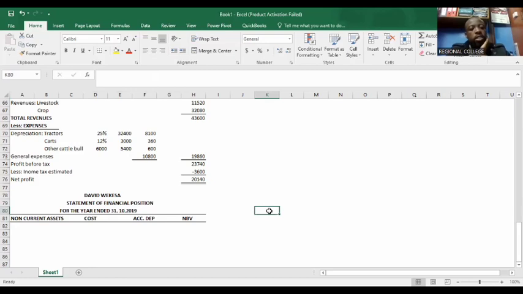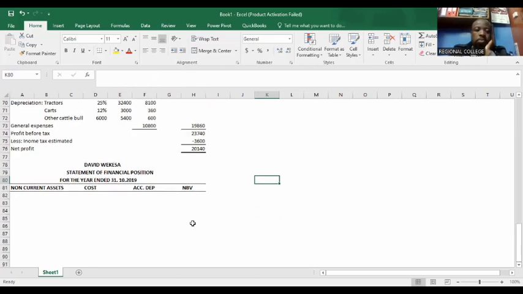So the non-current asset: the cost, accumulated depreciation, then the net book value. So inside the trial balance, we have land and buildings, that is a non-current asset.